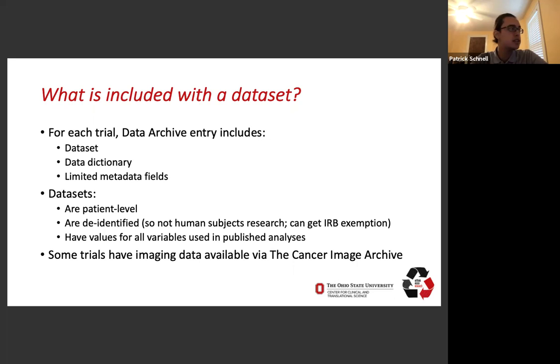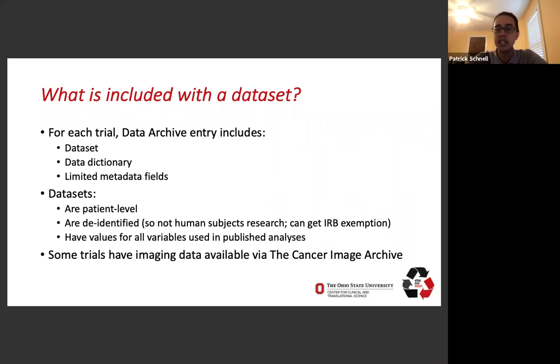The data sets are patient level. They're de-identified and have values for all variables used in the published analyses. So the de-identified patient level data is in a really nice sweet spot. You can perform these detailed analyses and basically reproduce the analyses in the publications, or work with the same granularity of data as what they used.